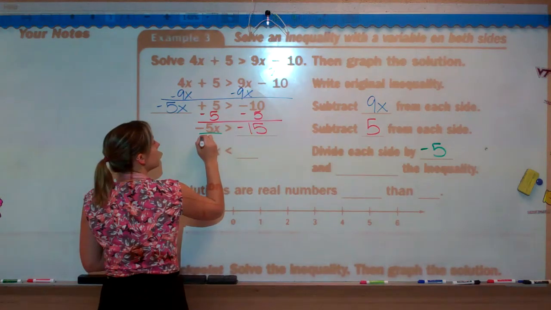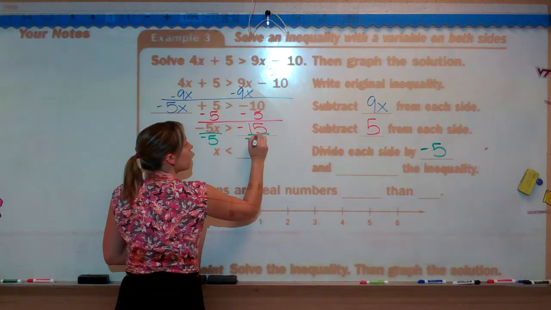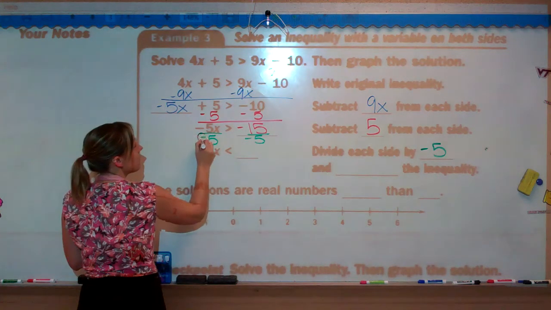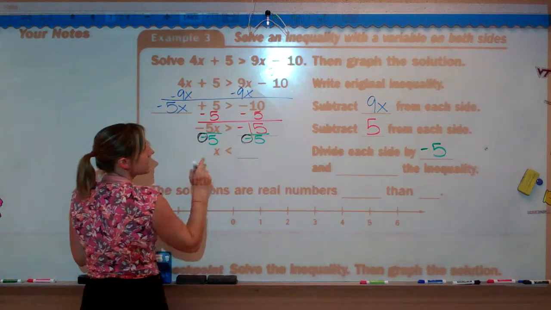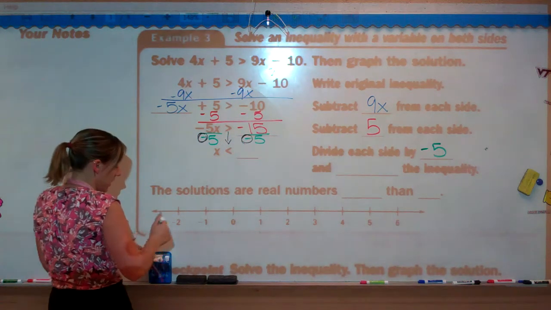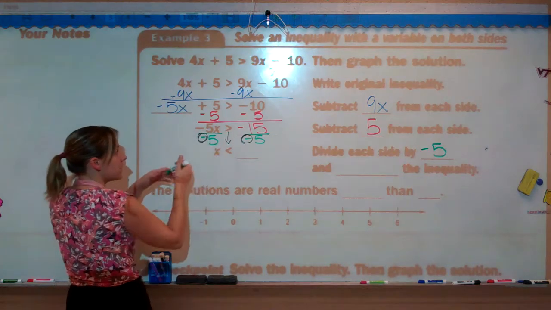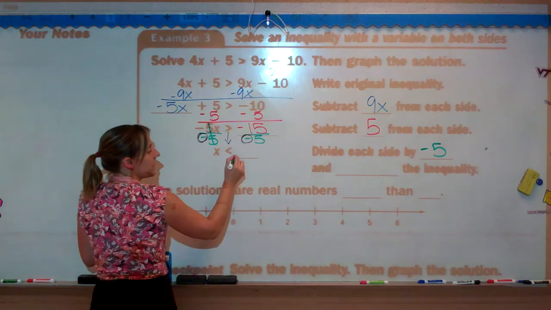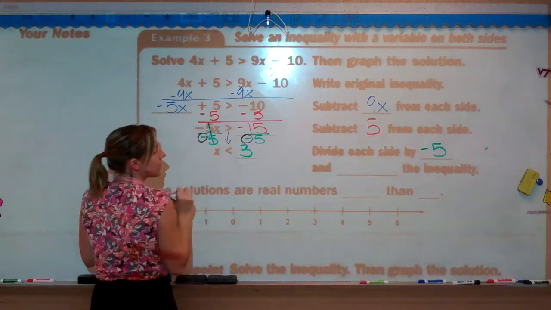But remember, when you divide by a negative, or when you see this negative on both sides, that's why that symbol flipped from greater than to less than. So we divide both sides by negative 5, cancels out here. Negative divided by a negative is a positive 3.